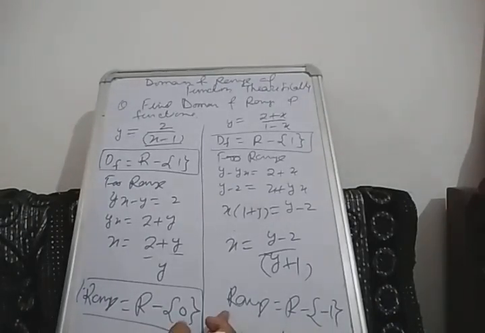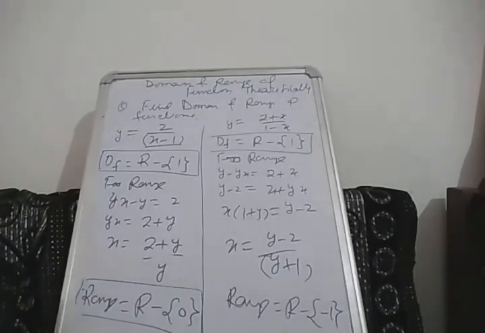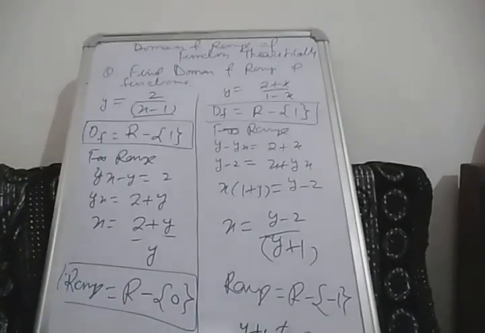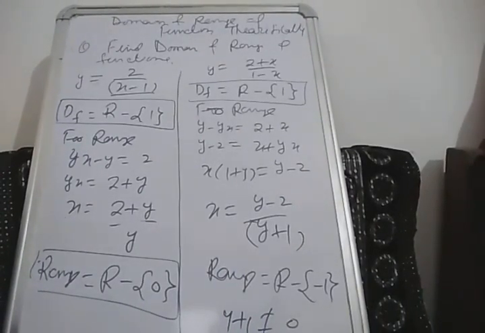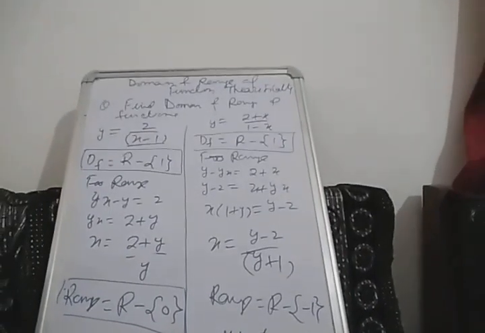So you can say y is all the numbers except minus 1, and this is called a singleton set. If in curly brackets we take only one element, that is called a singleton set. All the numbers except minus 1, right? This is the value of y, meaning range. Fine.